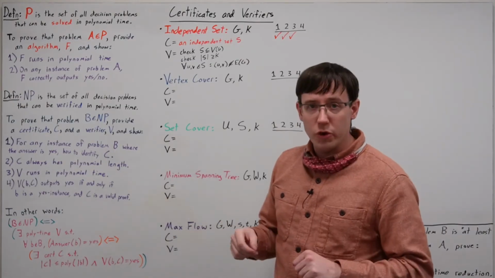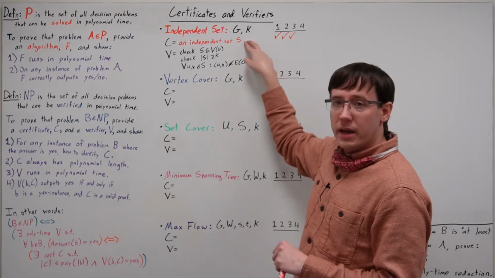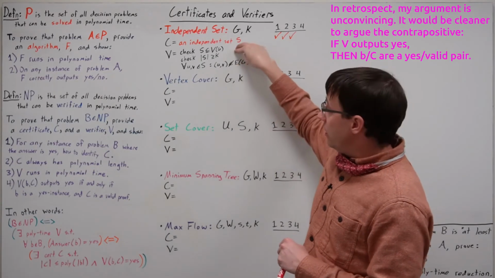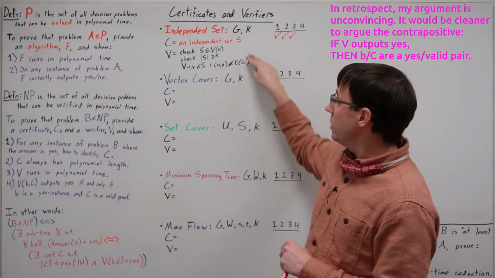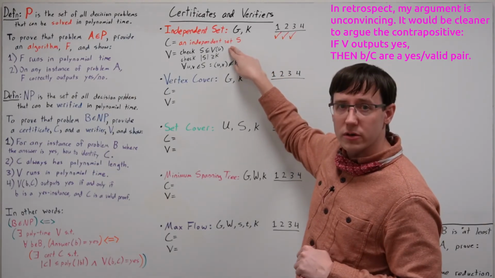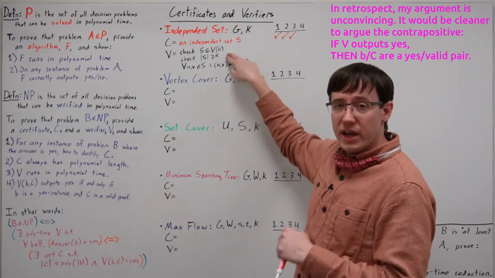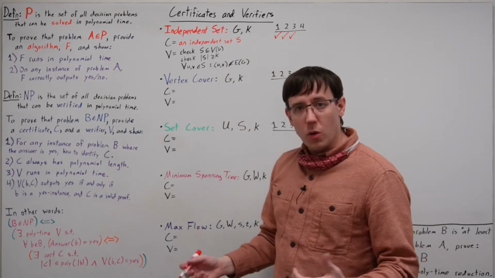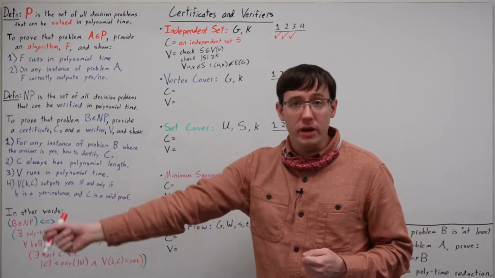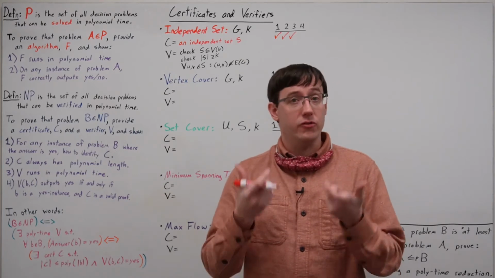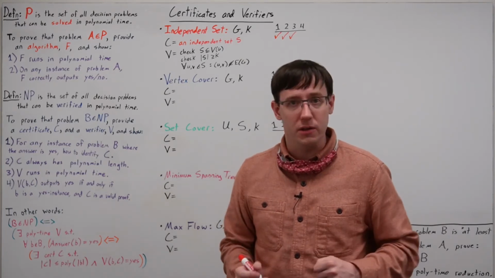Well, an invalid certificate would be not an independent set of size k in the graph, and so it would fail one of these checks because either it's not a subset of the vertices, or the vertices are not independent, or the size of the set is too small. So our verifier will output yes if and only if it's given a yes instance and a certificate proving that that was a yes instance.